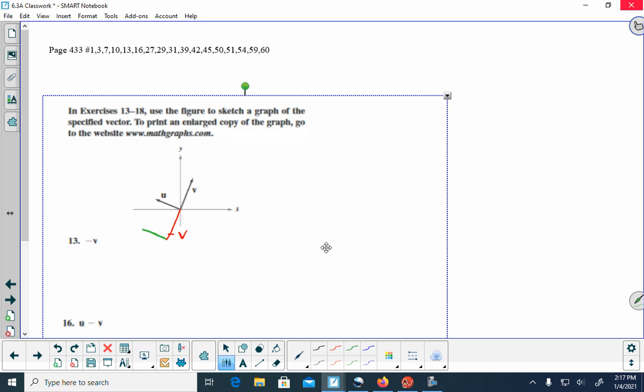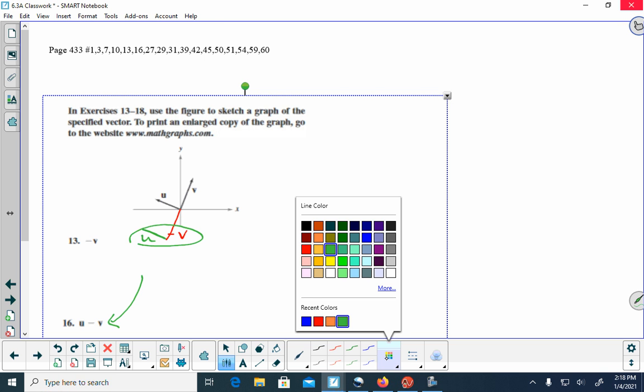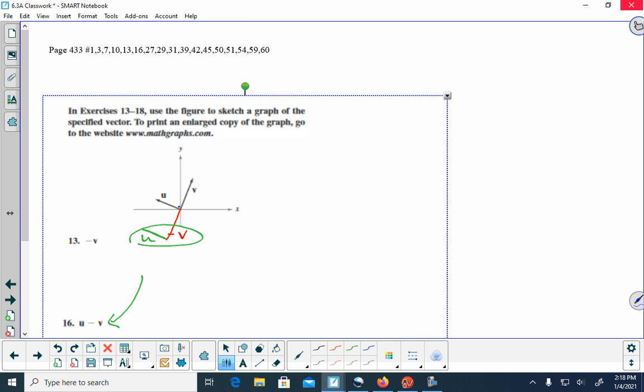I just took the opposite of V, and there's U. To find the resulting vector, I would start at the origin and end at this point here. So this blue line is U minus V. That's the vector. You kind of have to combine it together.